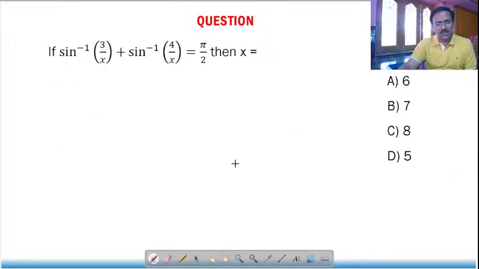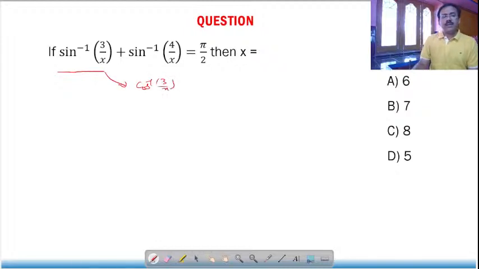Next, friends, you see this question? Sin inverse 3 by x plus sin inverse 4 by x is pi by 2. Then what is x? Actually, sin inverse 3 by x plus cos inverse 3 by x, when this is added to cos inverse 3 by x, we will get pi by 2.